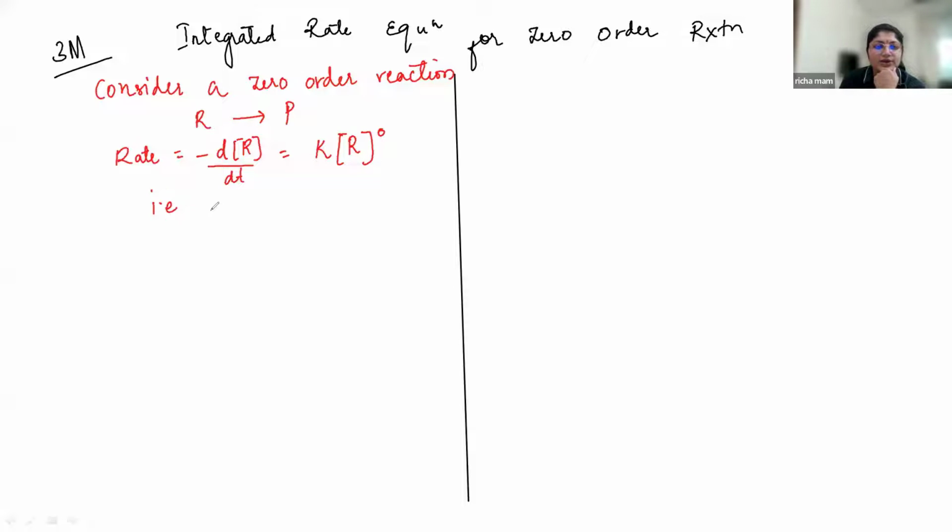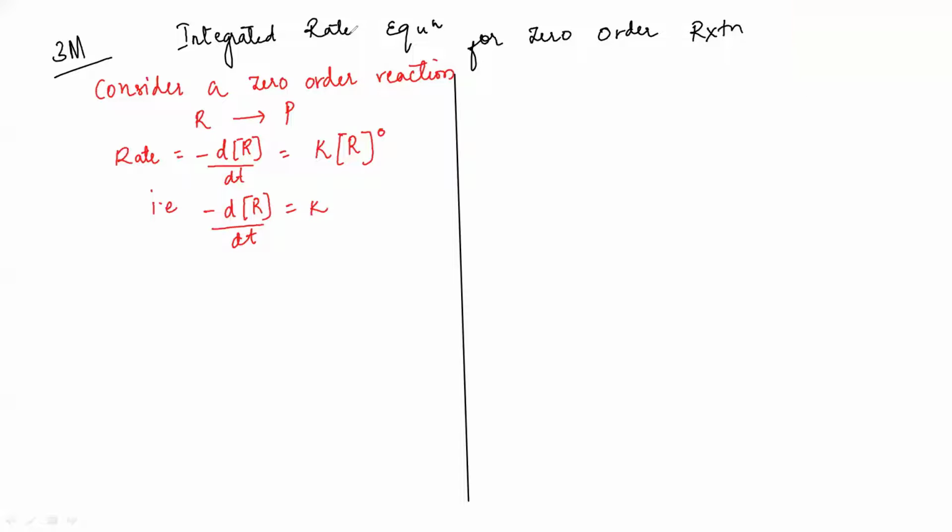R raised to 0 is 1, so minus dR by dt equals k.